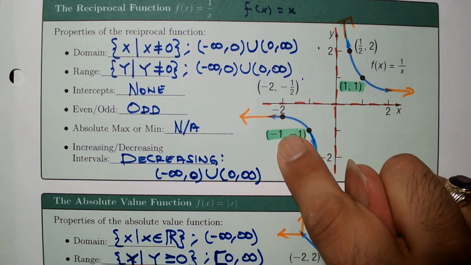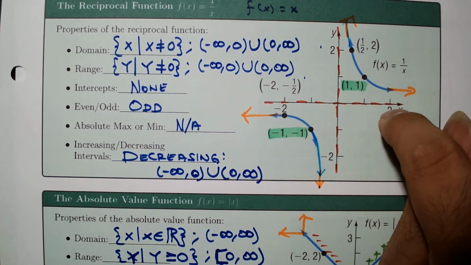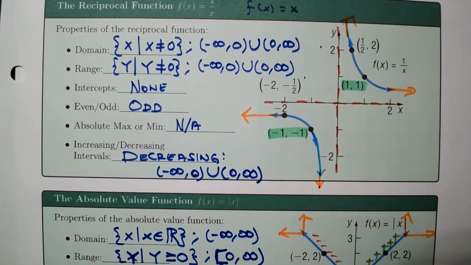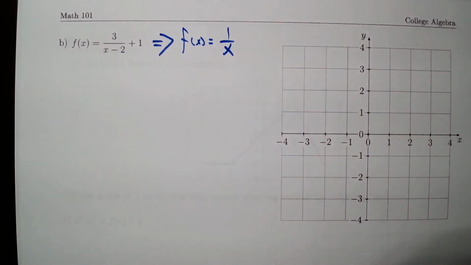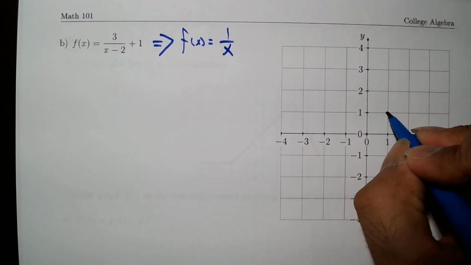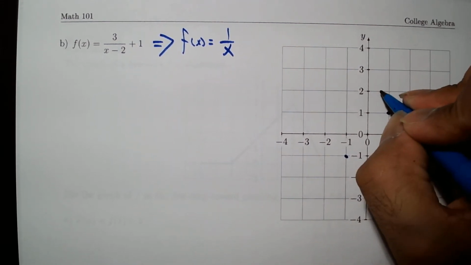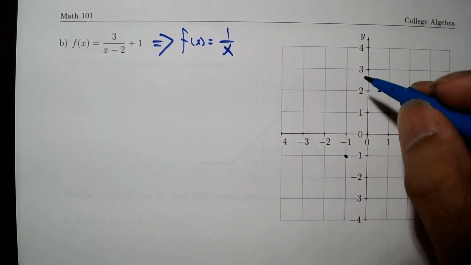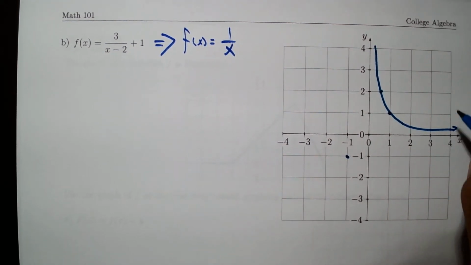The point -1, -1, the point 1, 1, and the point 1/2, comma 2. I'm going to use those points to graph the function. And I'm going to do the parent graph, which is going to look like this.